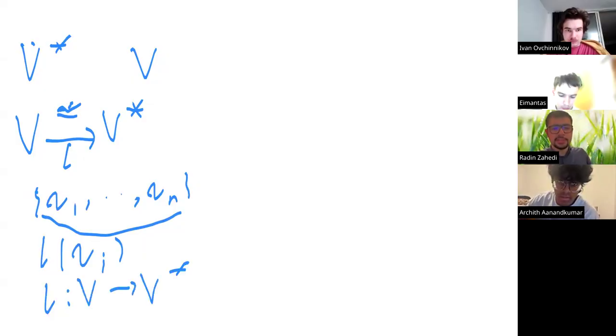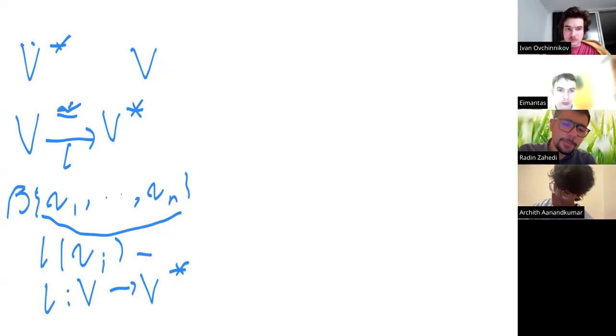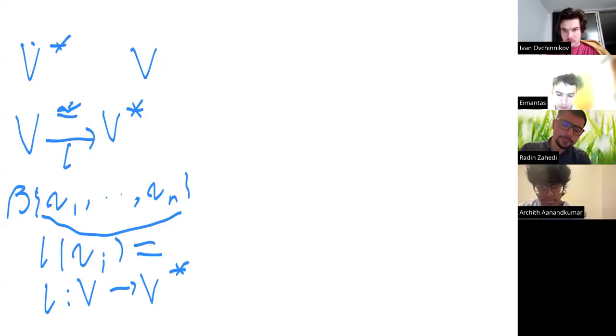So I fix a basis here, let it be b, and for each vi I want to define a linear functional such that I have some hope that it in fact forms an isomorphism.